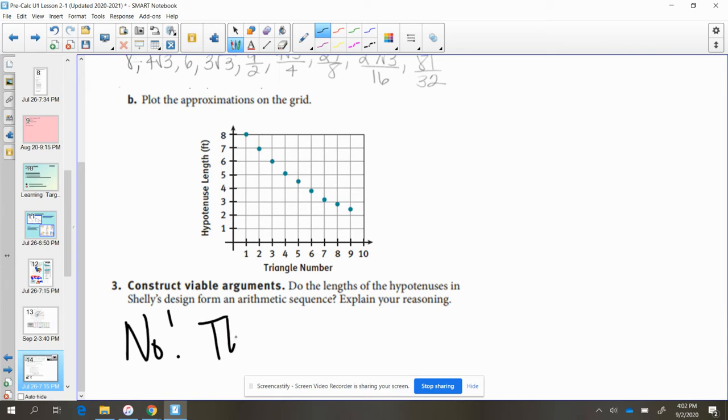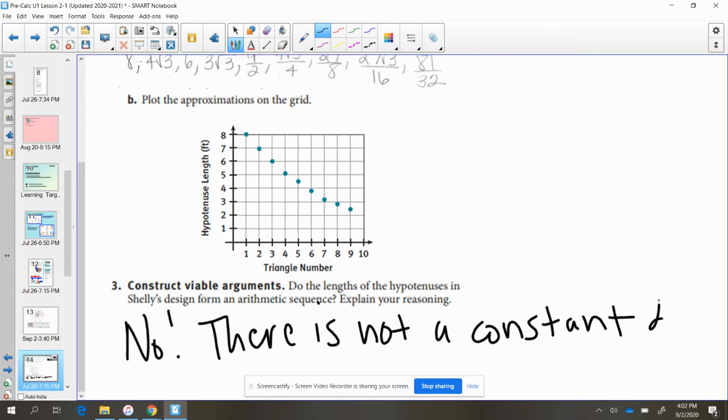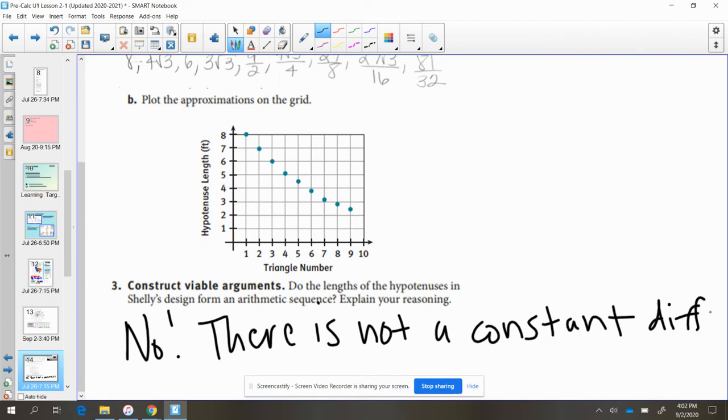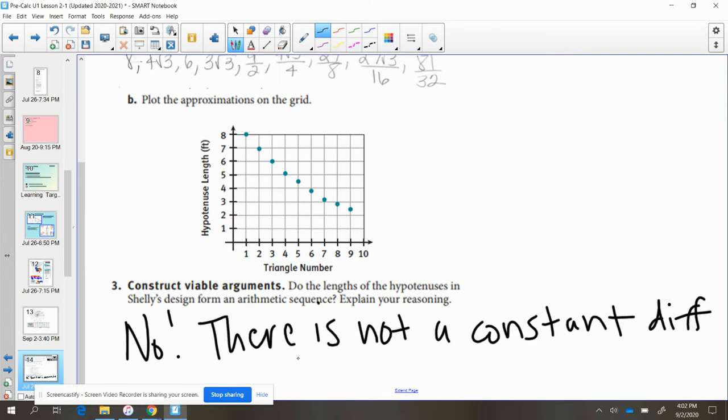One being there is not a constant difference. You may have said that it's not collinear, as another way of putting this, not a linear graph, so non-collinear points, not creating that straight line effect. Okay.